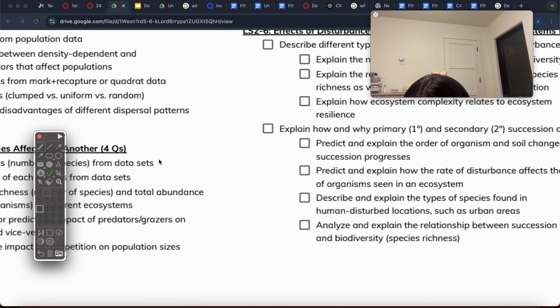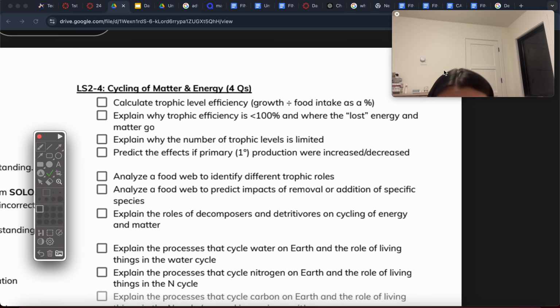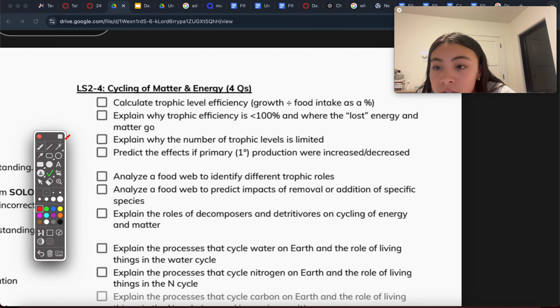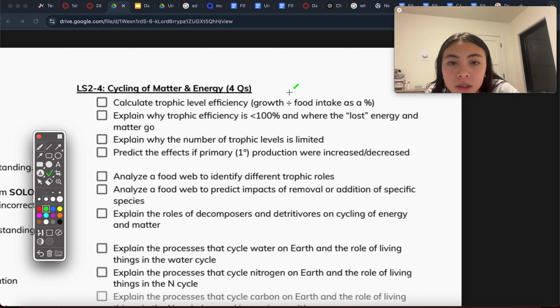Okay. Calculate trophic efficiency. Okay, so for trophic efficiency, this is probably one of the easier ones. At the bottom, you have producers.